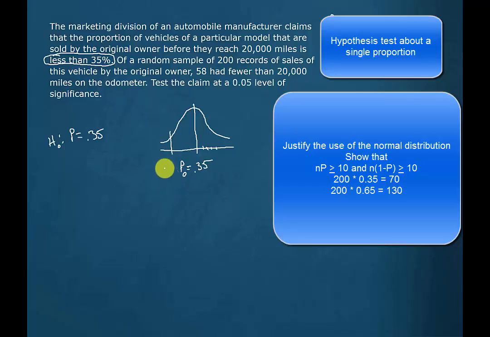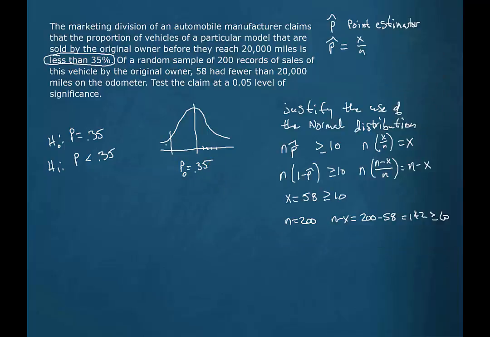And if we're going to do that, then we have to take into account the probability for sampling error, which means that if we are going to reject that the population proportion is 0.35 in favor of the notion that the population proportion is less than 0.35, then our sample proportion would have to land down in this region here, where it's very unlikely that we would find a sample proportion if the population proportion is 0.35. So this is our rejection region, and we're going to need a critical value.